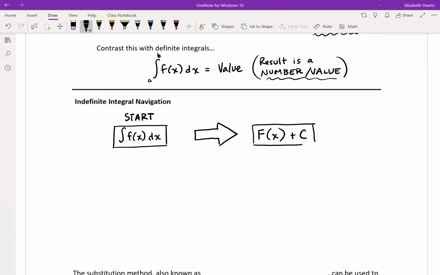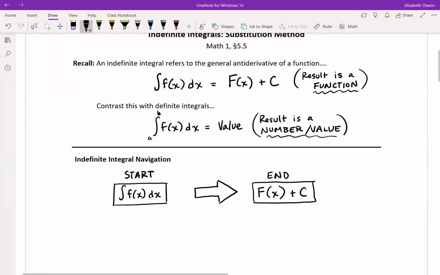And that is our ending point. We want to arrive at the general antiderivative answer for this indefinite integral. This is the ideal path, but sometimes it's not that easy.